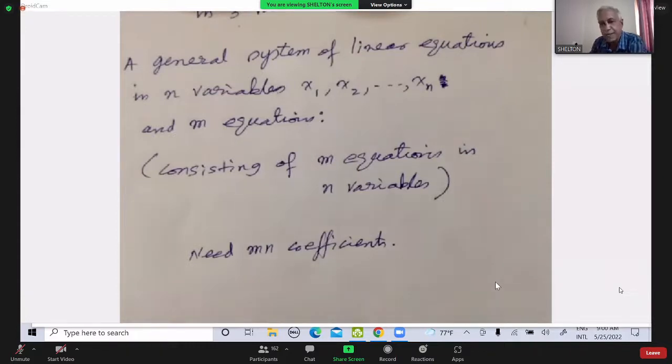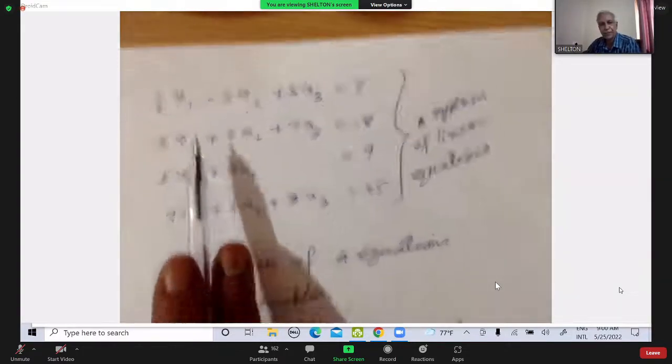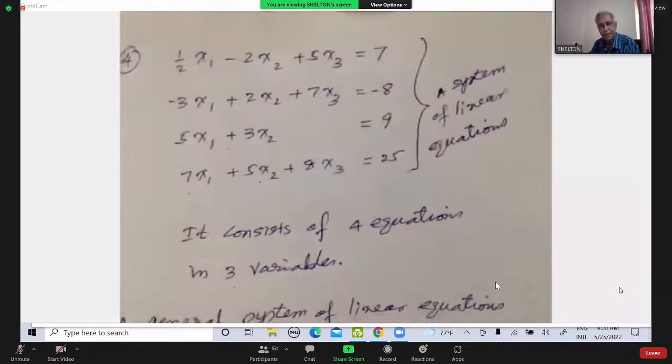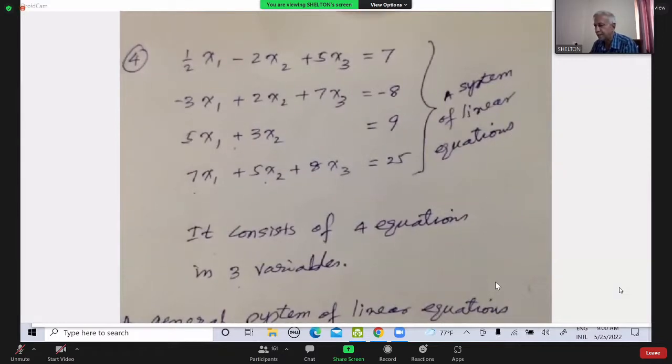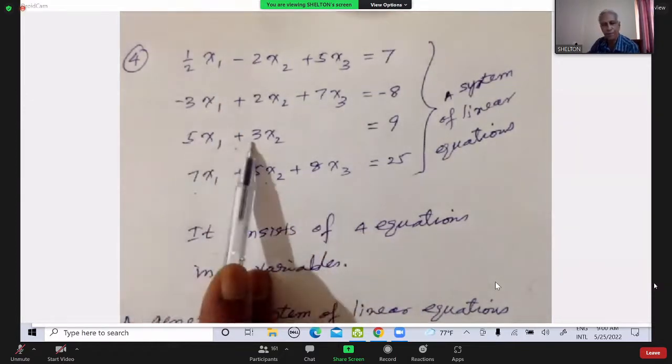So we need, first equation, go here. Tell me the coefficient of the third equation, second coefficient. Meaning the second coefficient of the third equation. So you go here and go there.